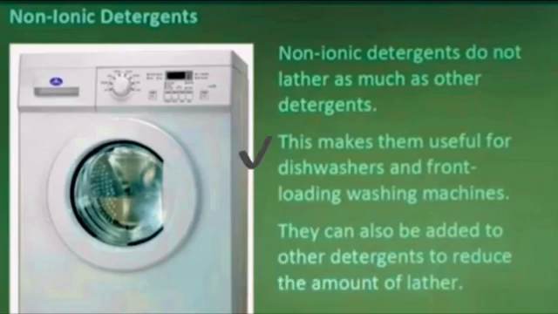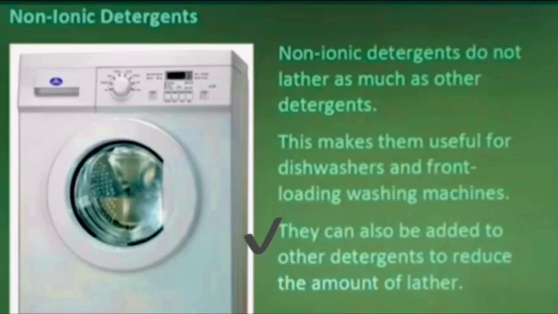This makes them useful for dishwashers and front-loading washing machines. If you've ever seen a front-loading washing machine, it just kind of swirls around and the water just stays there. And you don't really want a lot of sudsing, otherwise you'll get foam everywhere throughout your laundry.